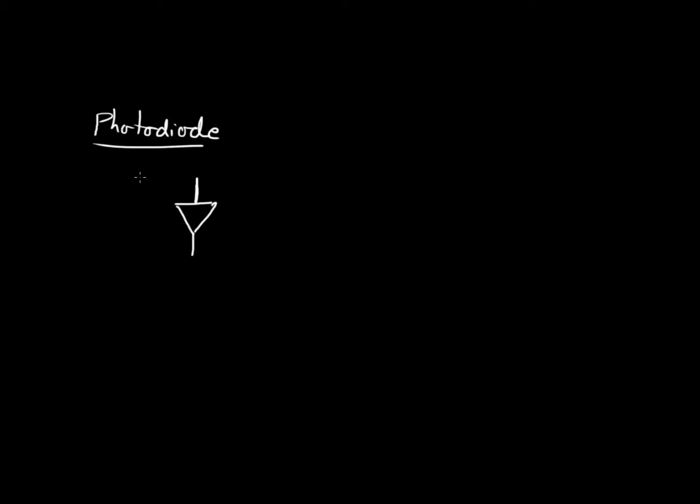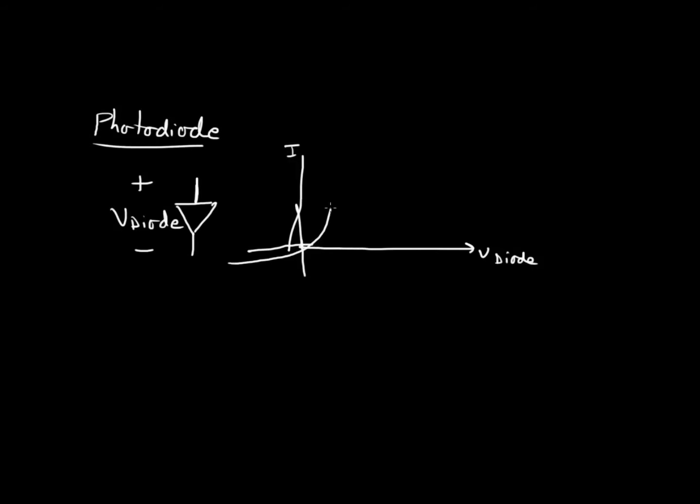And if I put a voltage across this diode, let's call it the diode voltage, I'm going to get an IV plot, where this is voltage and this is current. This is V diode. The IV plot, let me draw the axes, it's going to look something like this.